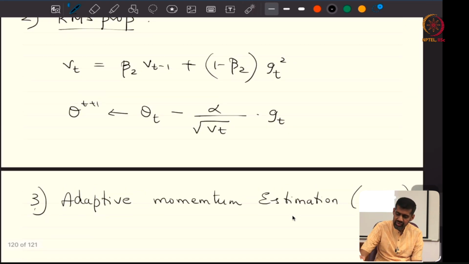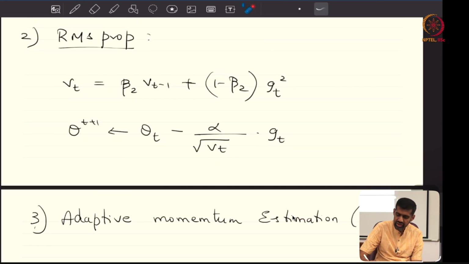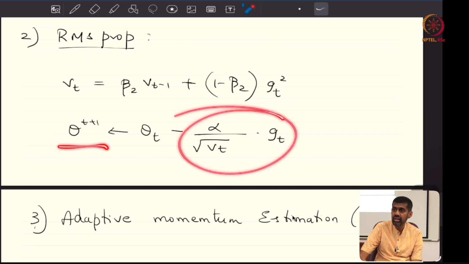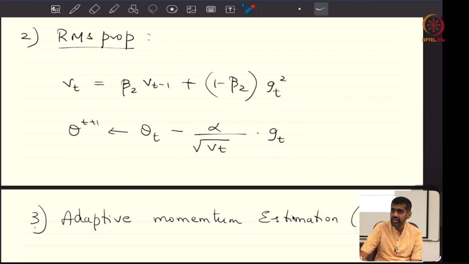And by the way, even though I have written it this way, if theta are vectors, these are done at the element level, the parameter level. These things are actually Hadamard products, because when you take the square root of gradient, you do it dimension wise. Each of the dimensions has to be multiplied.